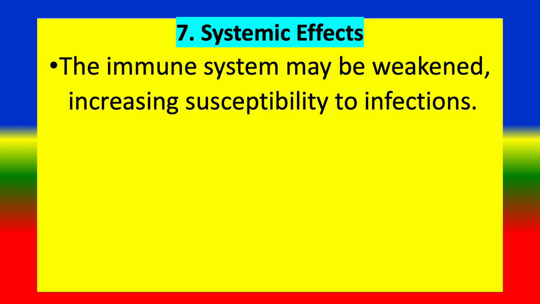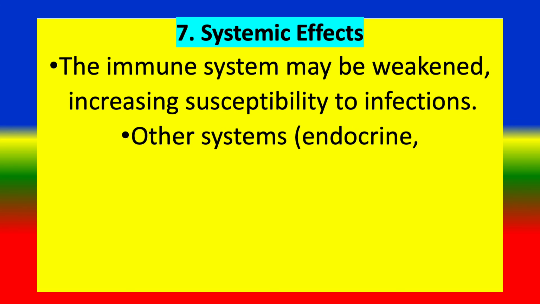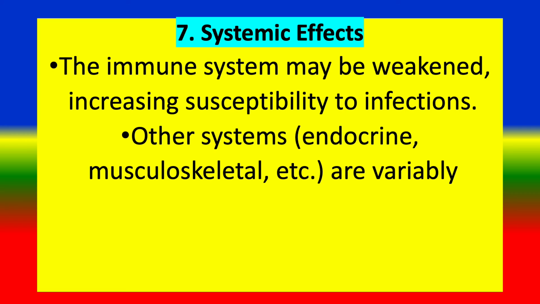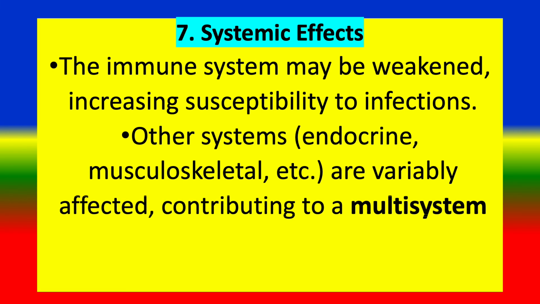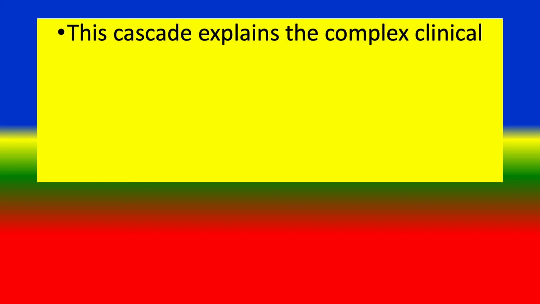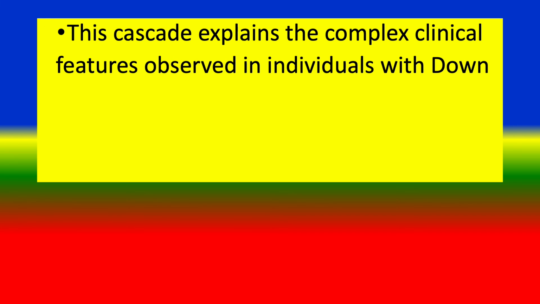The immune system may be weakened, increasing susceptibility to infections. Other systems, endocrine, musculoskeletal, etc., are variably affected, contributing to a multi-system disorder. This cascade explains the complex clinical features observed in individuals with Down syndrome.